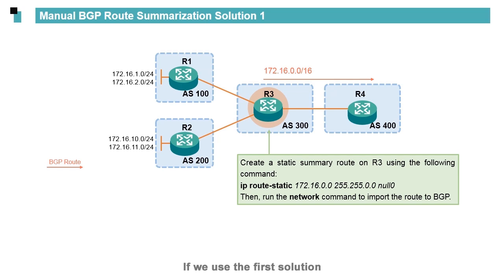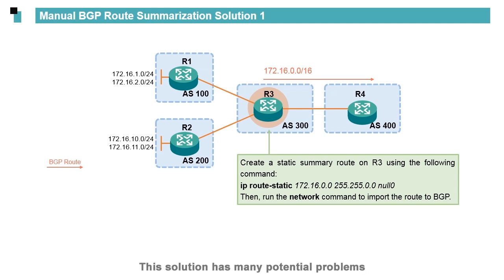If we use the first solution, we need to configure a static summary route on R3 and then import the route to BGP using the network command. In this case, R3 sends the summary route to R4. In addition, we need to configure a routing policy to prevent R3 from sending the four specific routes to R4.